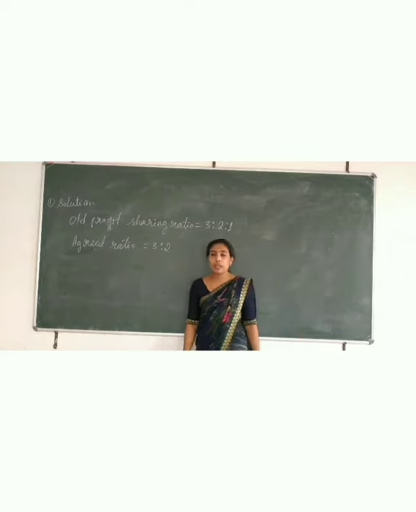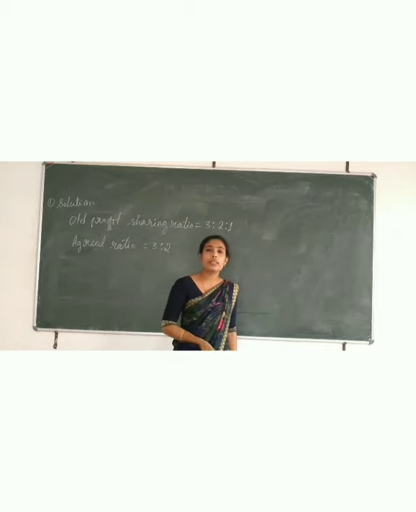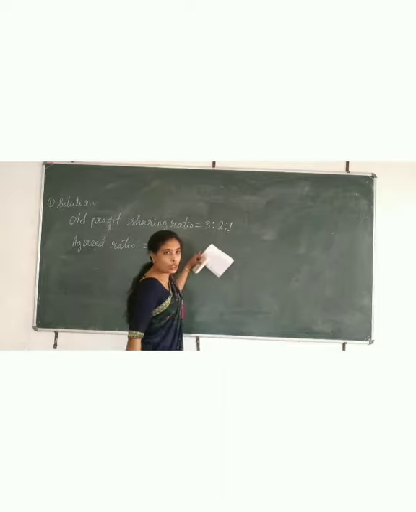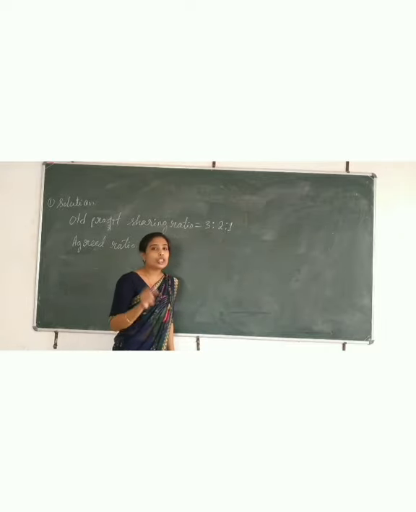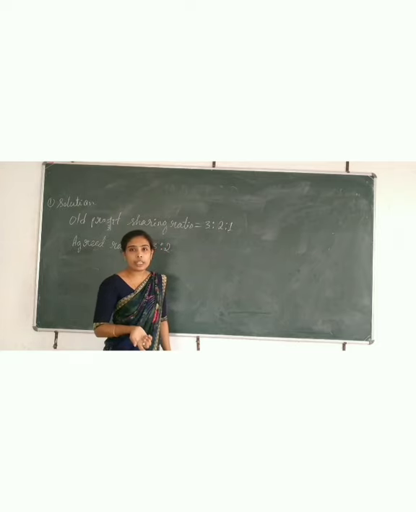New profit sharing ratio is equal to old share plus share gain. Already we have the old profit sharing ratio. For that we need to add share gain, means how much share they gained after retirement of the partner. For adding that, we need to calculate the gaining ratio, isn't it?